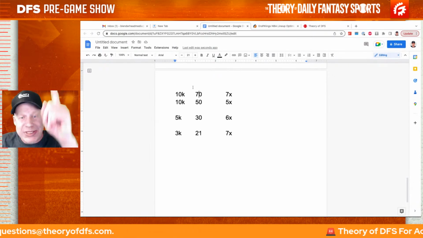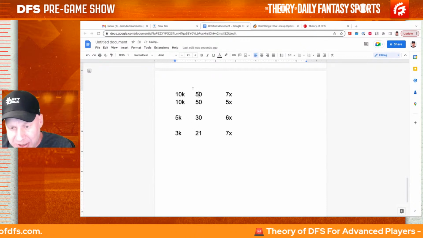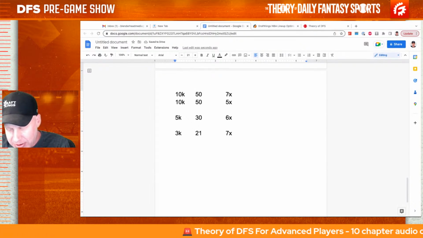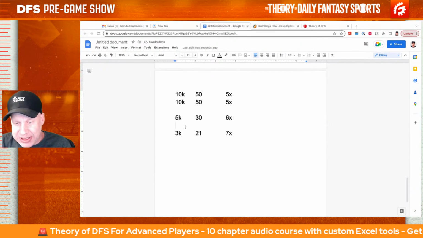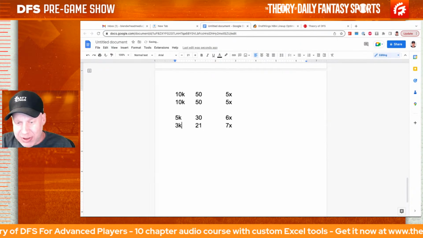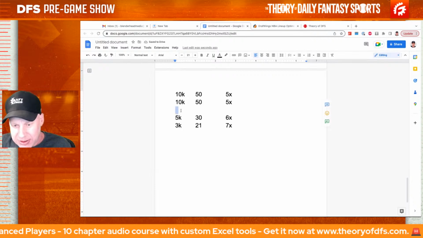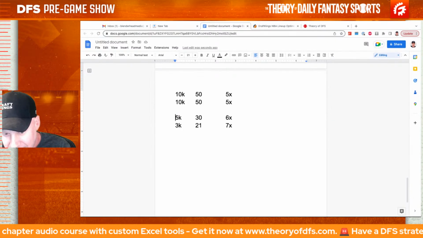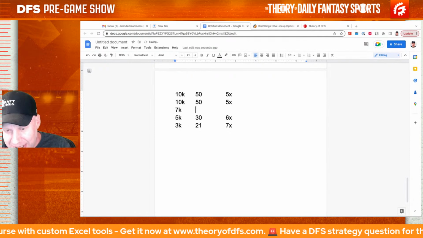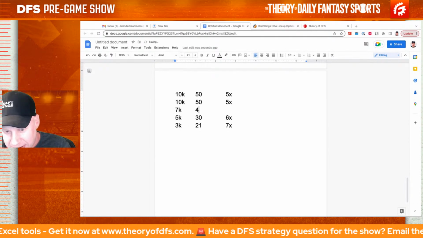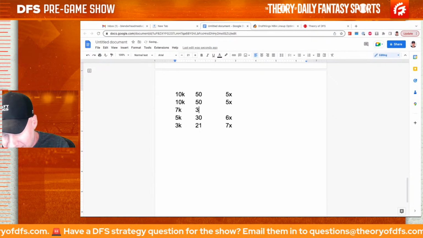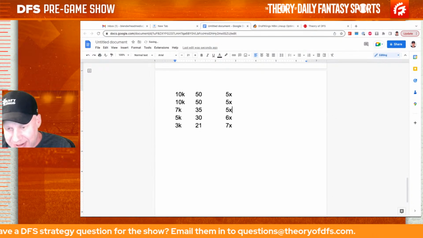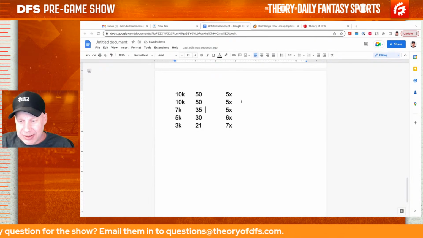But as you go up in salary, the point per dollar multiplier is going to go down. You're going to get more of a spread like this: something like a 3K player, a 7K player that projects for 7 times 5, something like 35, 5x, something like this.